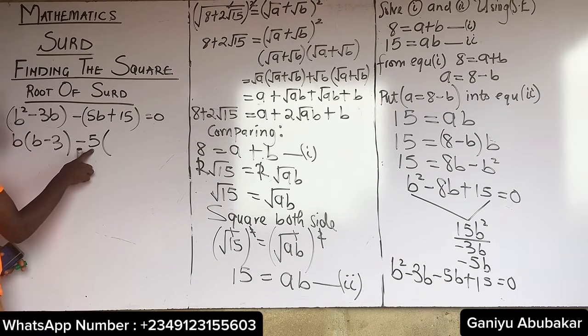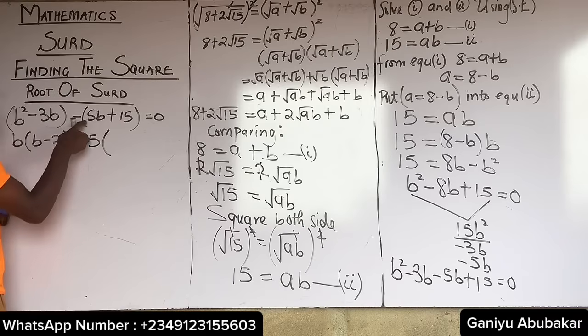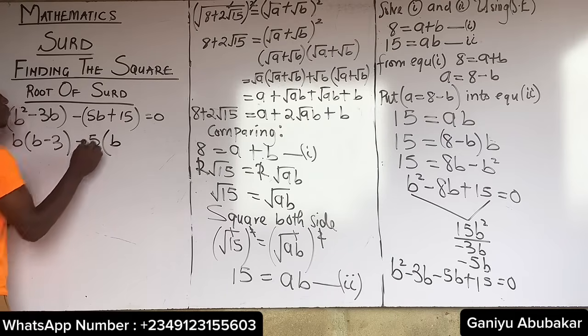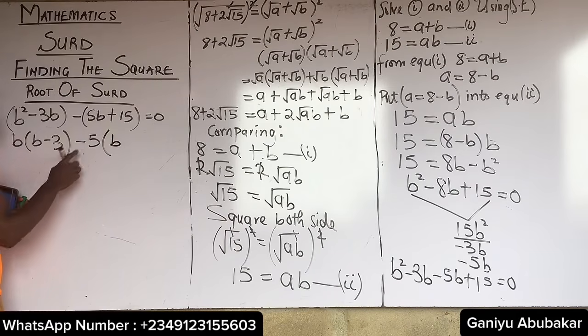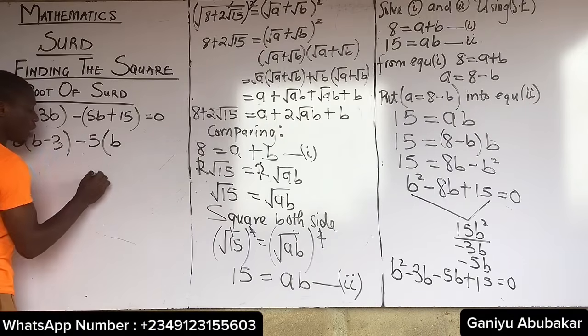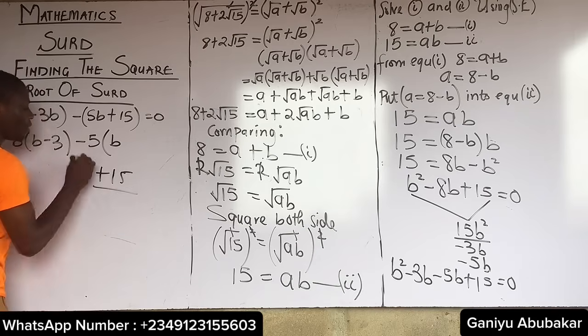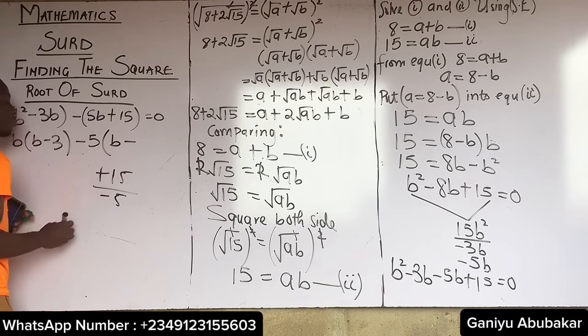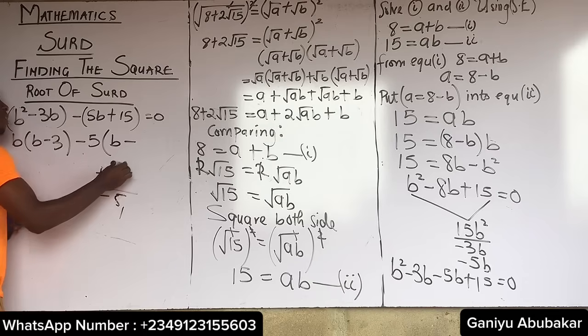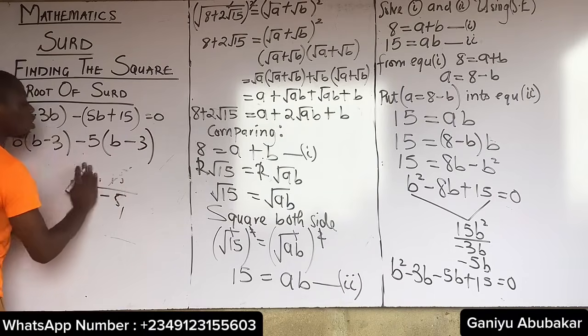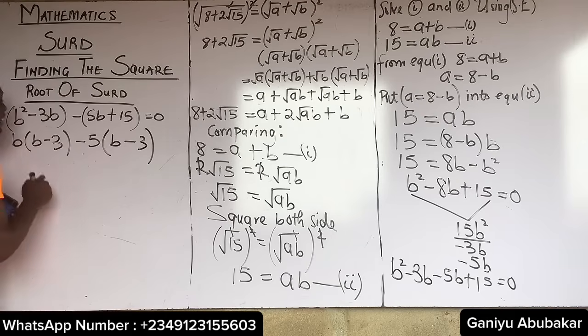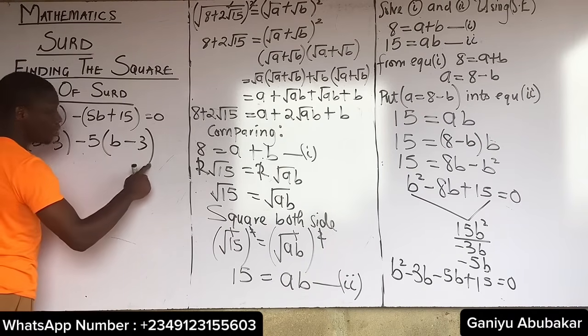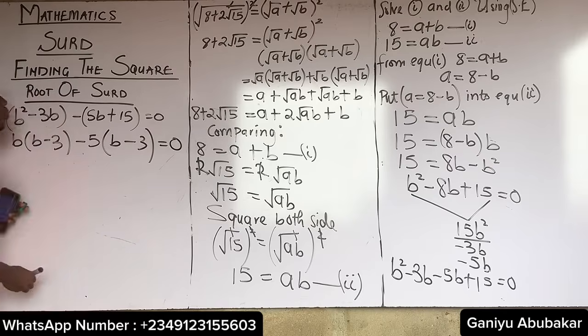Minus 5 divided by minus 5b gives b. So plus 15 divided by minus 5. Plus divided by minus will give minus. 5 here 1, 5 here 3. That's 3. So ensure that anything in the bracket here must be equal to what will be in the bracket here. So alright, it is equal to 0.